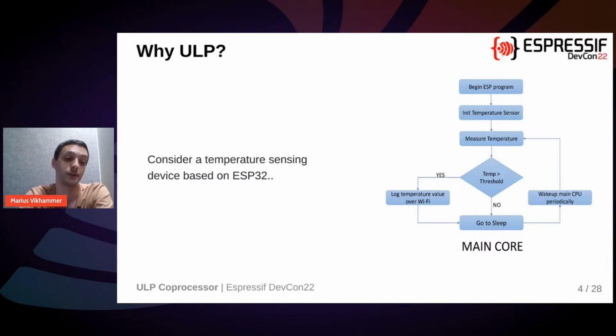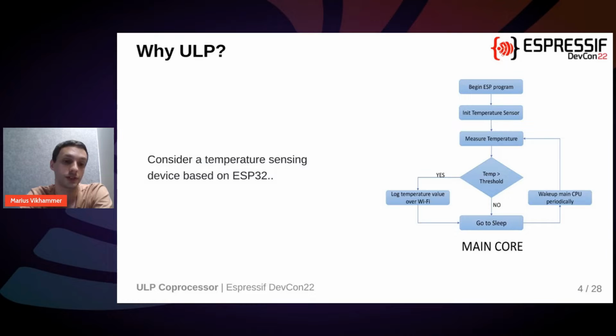And then to run this off battery, you, of course, have to sleep. You can't just keep the CPU up and running, because then you would empty the battery pretty quickly. So what you can do then is go to deep sleep. You set a timer to wake you up in 1 minute. And then after 1 minute, you wake up the CPU again, take a new measurement, and check the threshold.